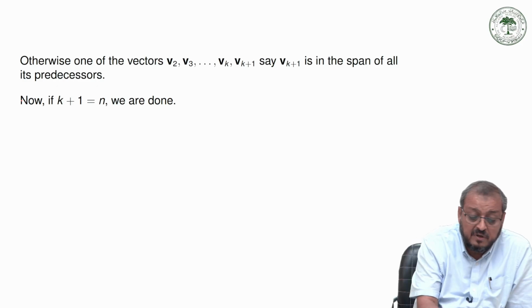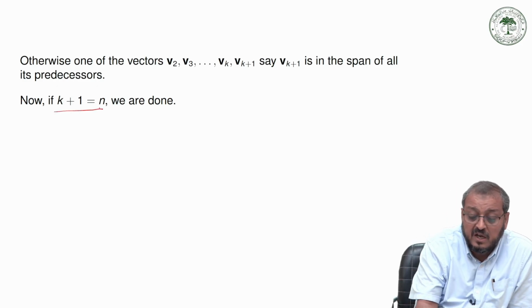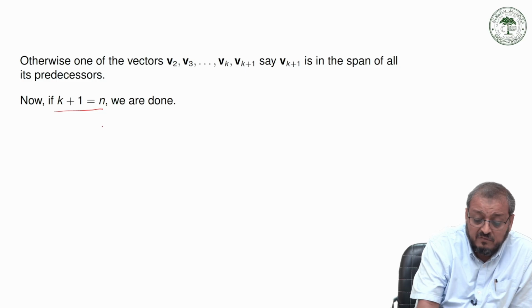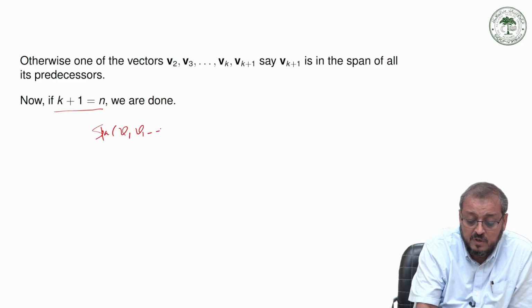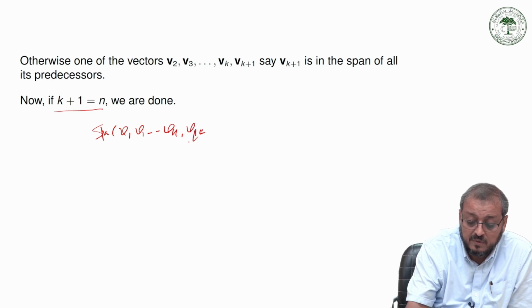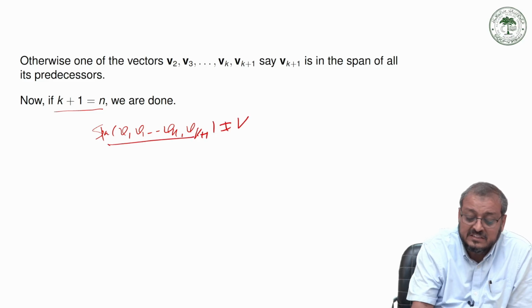So if k plus 1 is equal to n, we are done. If it is not, then the span of v1, ..., v_{k+1} is not equal to V, which means again this is a proper set.